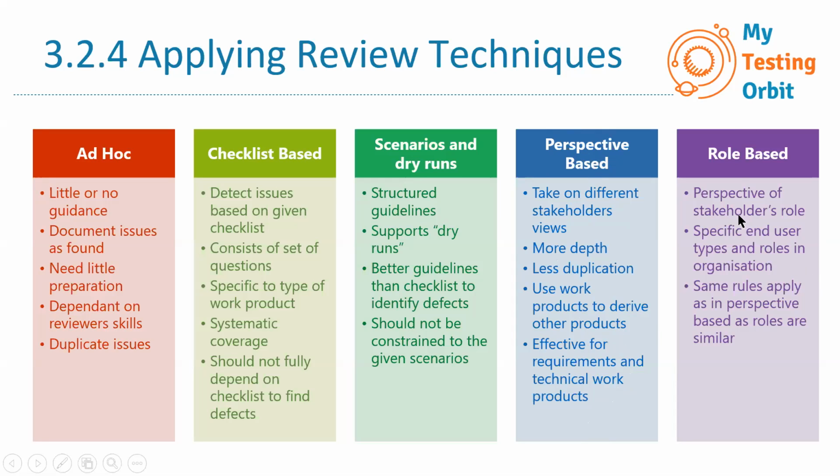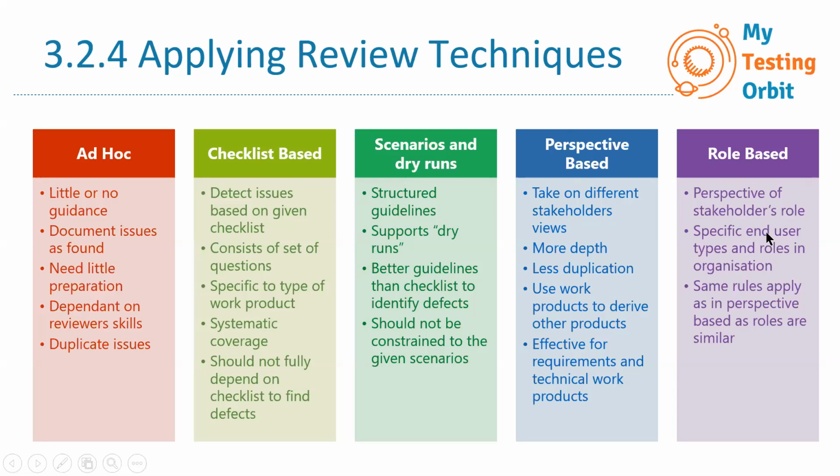And the last one is role based. Perspective of stakeholders' roles. Over here we said that yes, we have different people with different skills, but here we are talking about different stakeholders based on their role.